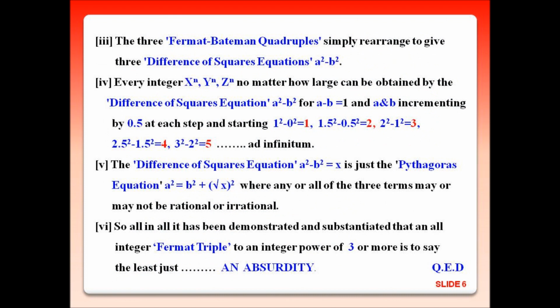3. The three Fermat-Bateman quadruples simply rearranged to give three difference of squares equations, a squared minus b squared. 4.